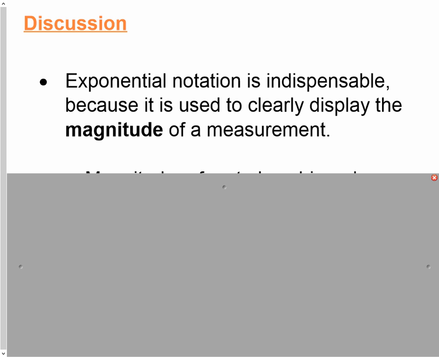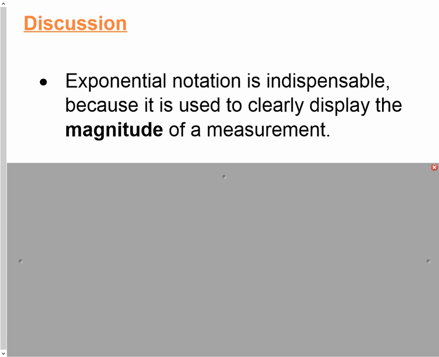So, a couple things to start talking about. Exponential notation, everything that we've been doing with exponents so far, is indispensable, meaning it's super important to know because it's used to clearly display the magnitude of a measurement. I might even add here, indispensable in science.